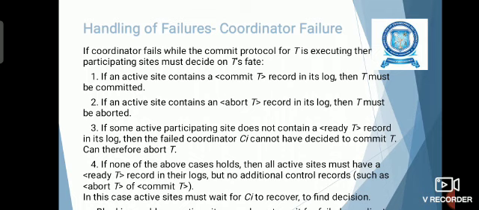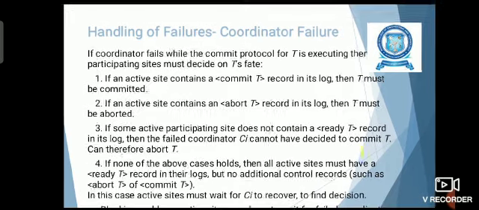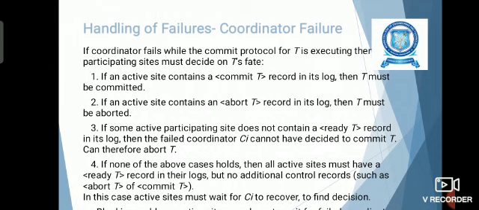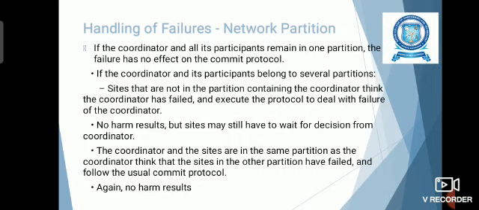If some active participating site does not contain a ready T record in its log, then the failed coordinator cannot have decided to commit T, and therefore the transaction will be aborted. If none of the above cases holds, then all the active sites must have a ready T record in their logs, but no additional control record is present. In such cases, active sites must wait for the coordinator to recover to find the decision.